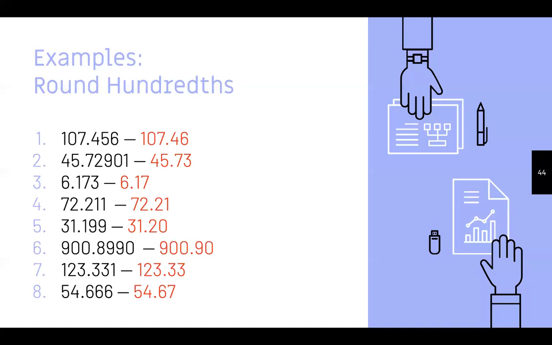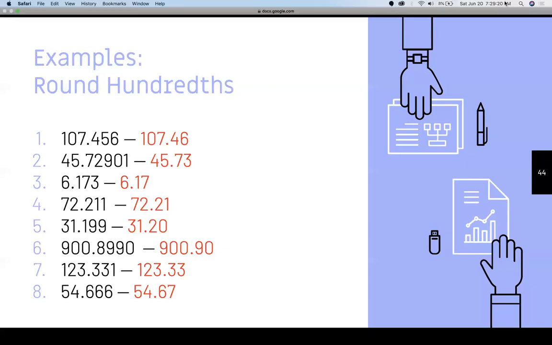The 100th spot becomes, it doesn't change because 1 is less than 5, and for 0.666, that becomes 0.67 because 6 is greater than 5.